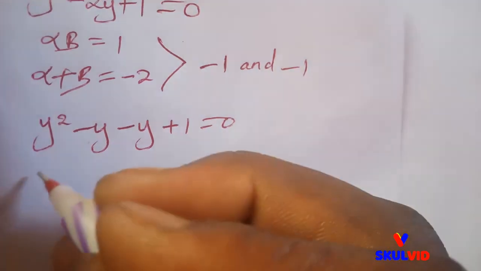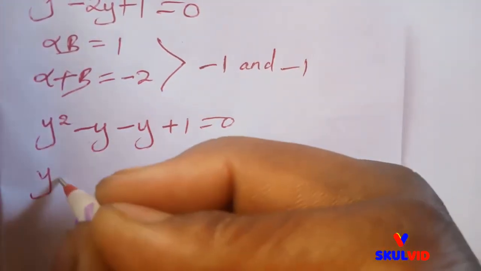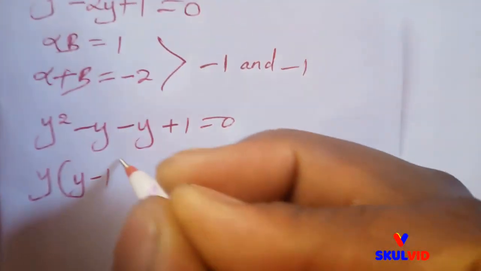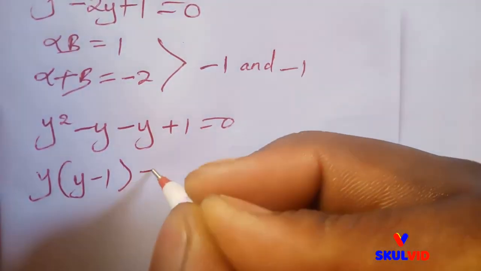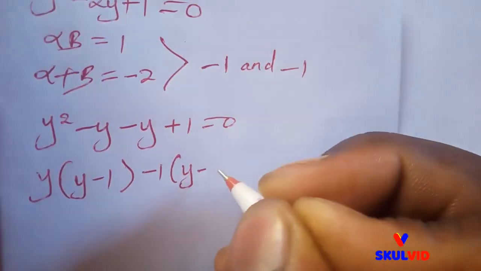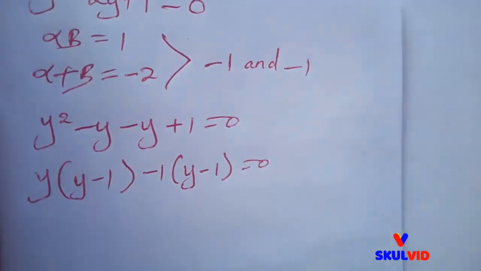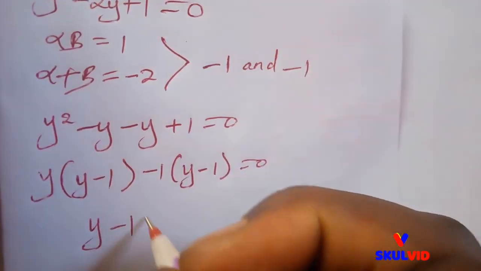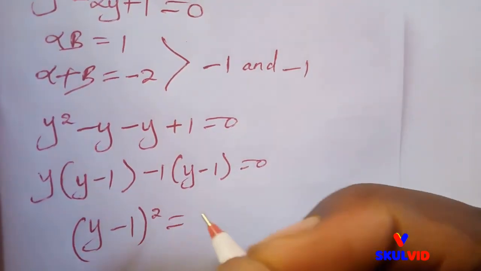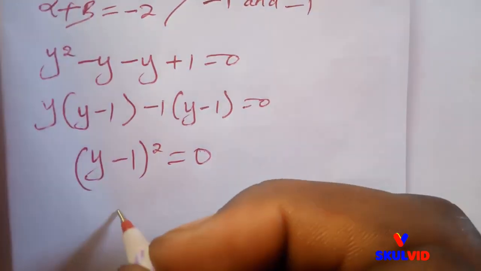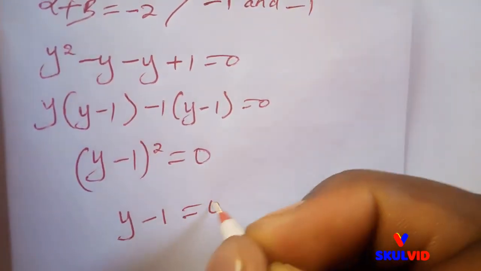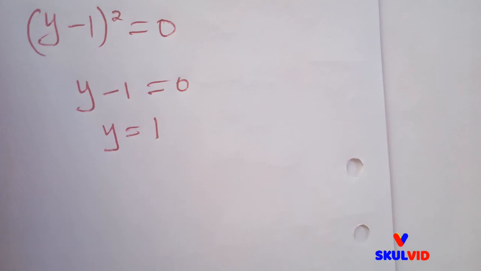So I have y squared minus y minus y plus 1 equal to 0. Factoring out, we have y into y minus 1, minus 1 into y minus 1, equals 0. Our y is equal to log 2 to base x.